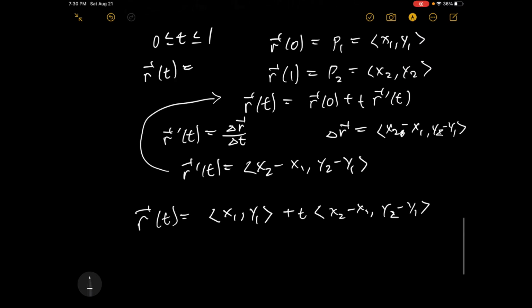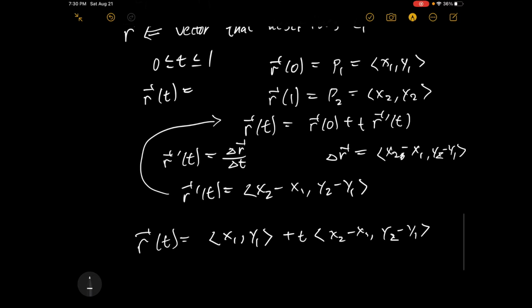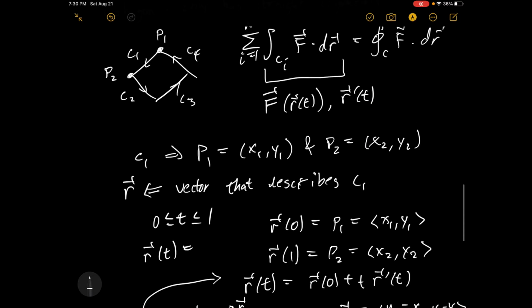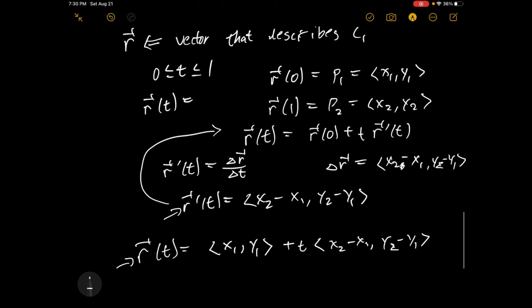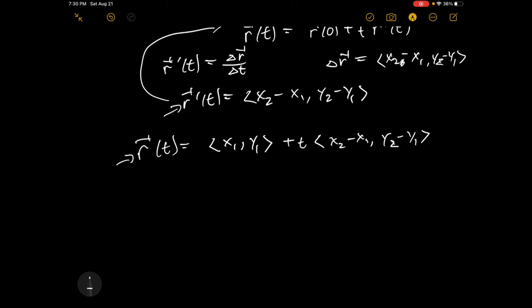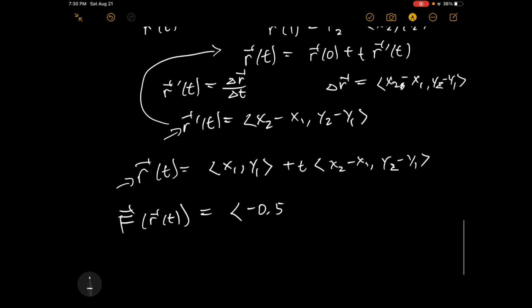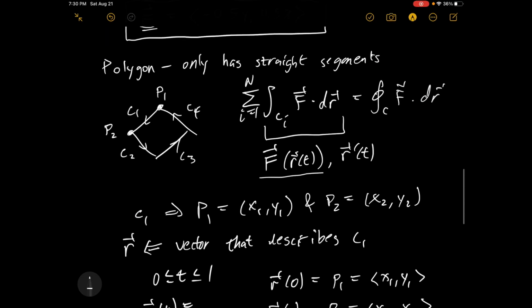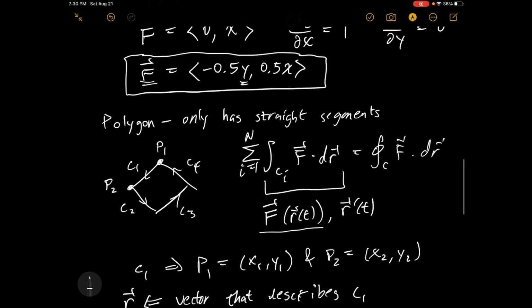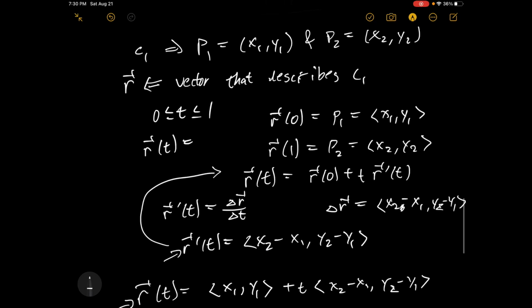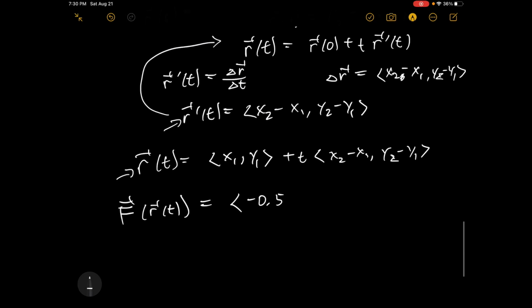Nice. And now we already know what r prime of t is. We know r of t, and now what we need to do is figure out f of r of t. That's the last thing, or at least the last setup before we start solving for the integral. And so f of r of t will just be minus 0.5 times y, where y represents the y of r of t and x simultaneously.